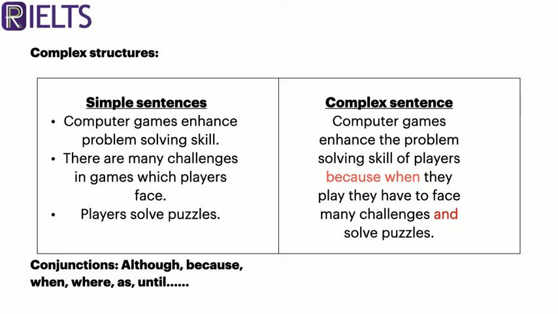So you can read: computer games enhance the problem solving skill of players because when they play, they have to face many challenges and solve puzzles, right? So I used conjunctions such as because, when, and I made a complex sentence, and I am sure that many of you are doing this already, so it is not a big thing.